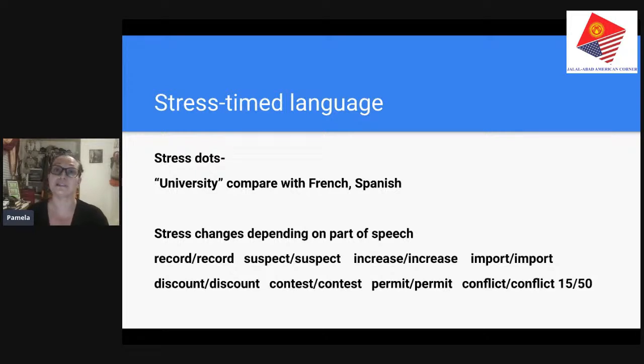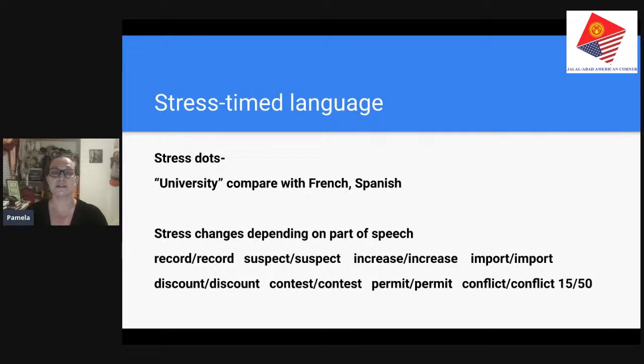I clap this with my students, and sometimes I'll hold up my hand and count on my fingers, 1, 2, 3, 4, 5. I won't tell them 5, but I'll hold up the fingers. Then I ask, where is the stress? On which syllable? University. It's on the third syllable.